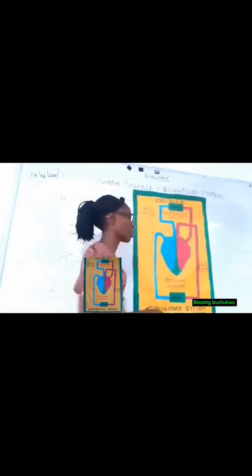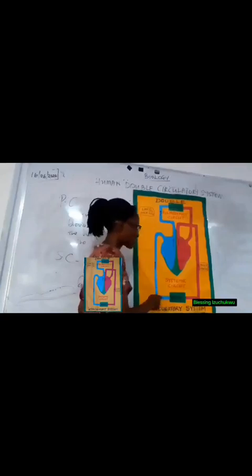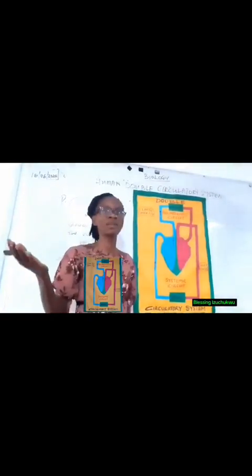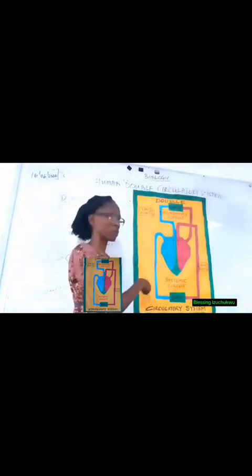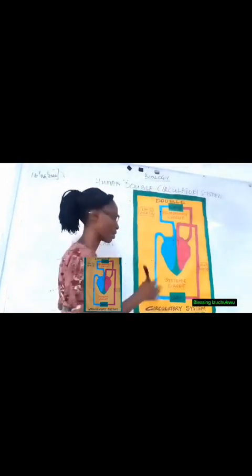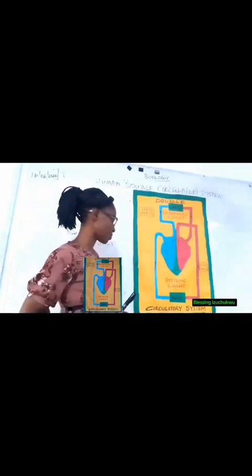Now when this blood that has oxygen gets to the body part, the cells of the body tissues make use of the oxygen in that blood, and when the blood is leaving this body part, it becomes deoxygenated. That's why we use a different color to denote it, so that it is clear as we go through the lesson.